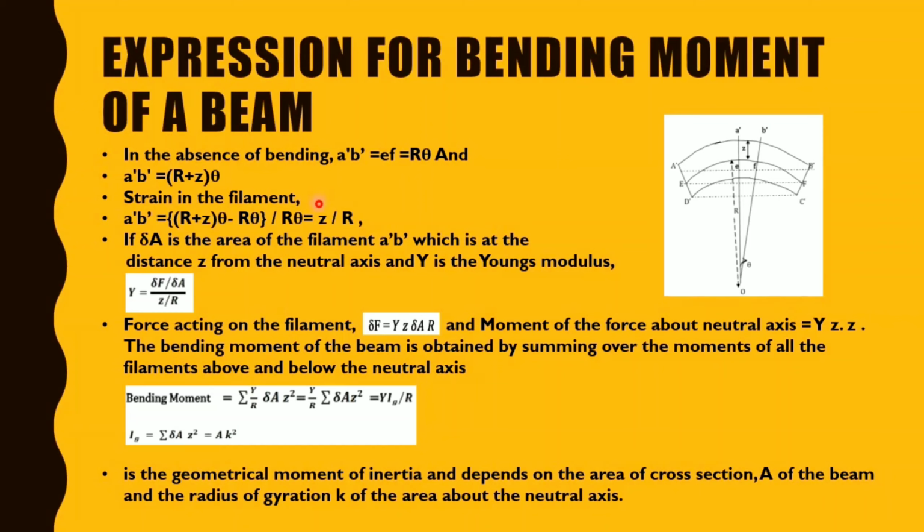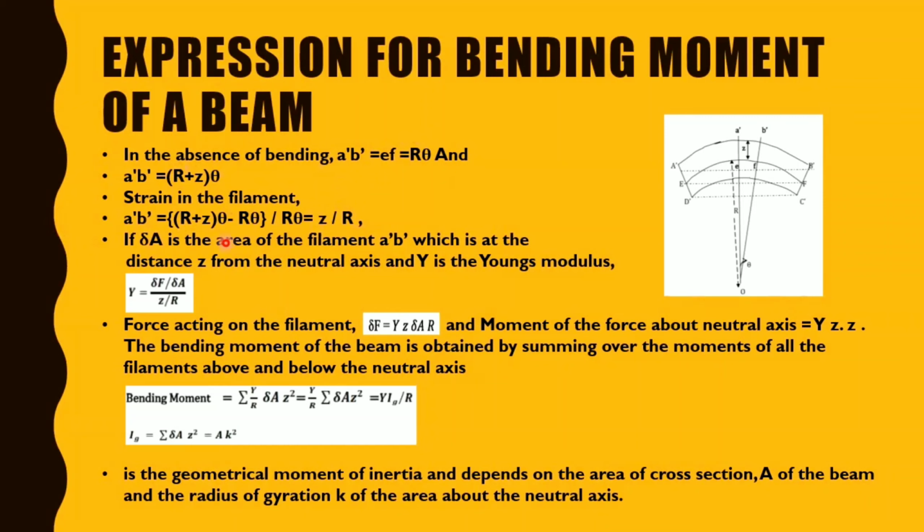Strain in the filament A'B' is equal to this one minus this one divided by Rθ. So see, when we simplify this, Rθ gets cancelled and we are left with Z by R. That means distance by the radius.